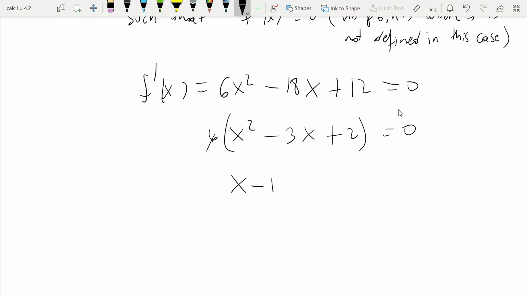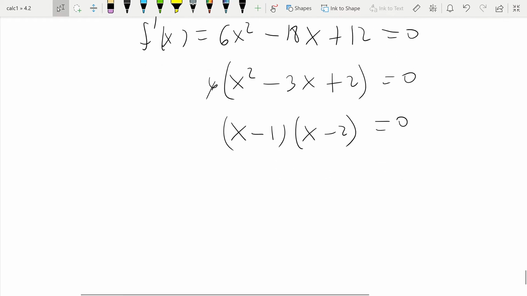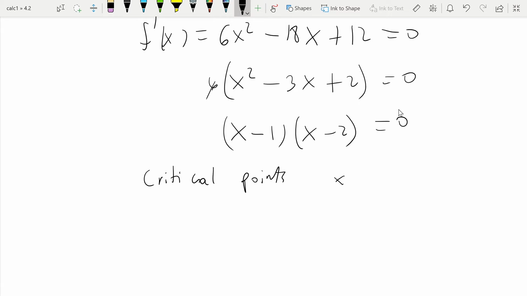So this is the same as (x minus 1) times (x minus 2). We factor like that because minus 1 minus 2 is minus 3, and they multiply to give you 2. So the critical points are x equals 1 and 2.